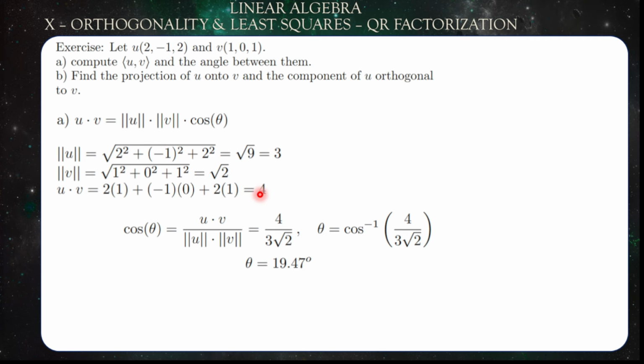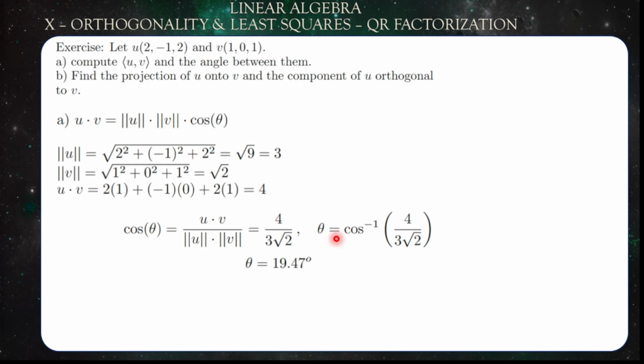So now we can evaluate cosine theta, which is u dot v divided by the size of u multiplied by the size of v. So cosine theta is equal to 4 divided by 3 square root of 2. Hence, theta is equal to arc cosine, okay?